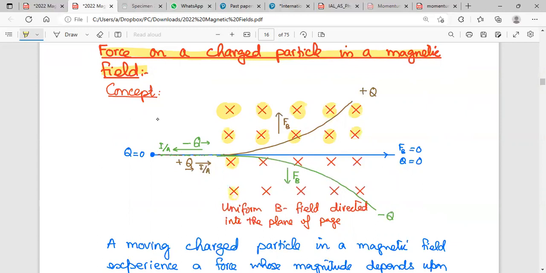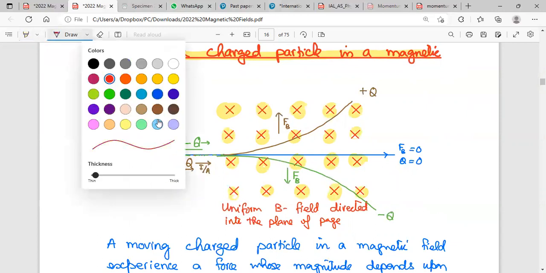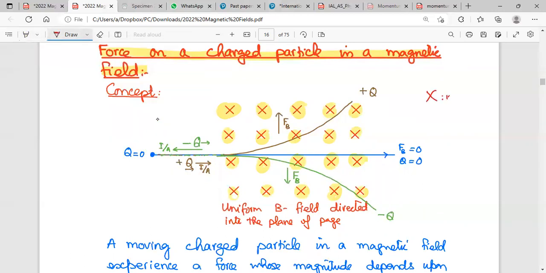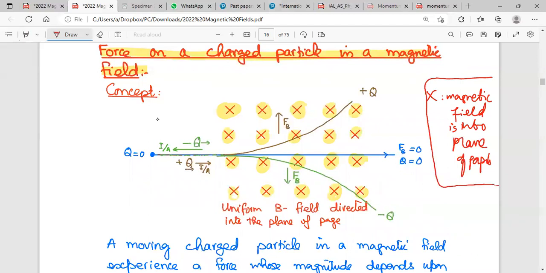These crosses mean that the magnetic field is uniform, as the crosses are equally spaced, and the magnetic field is pointing into the plane of paper. So the cross means magnetic field is into the plane of paper.